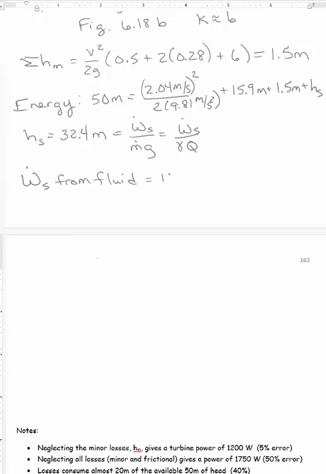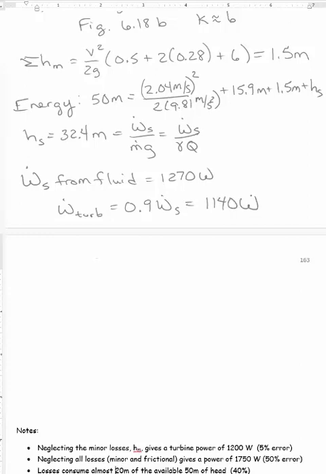And that comes out to be 1270 watts. W dot that we actually get from the turbine, if it's 90% efficient, is going to be 0.9 times W dot S, which comes out to be 1140 watts.